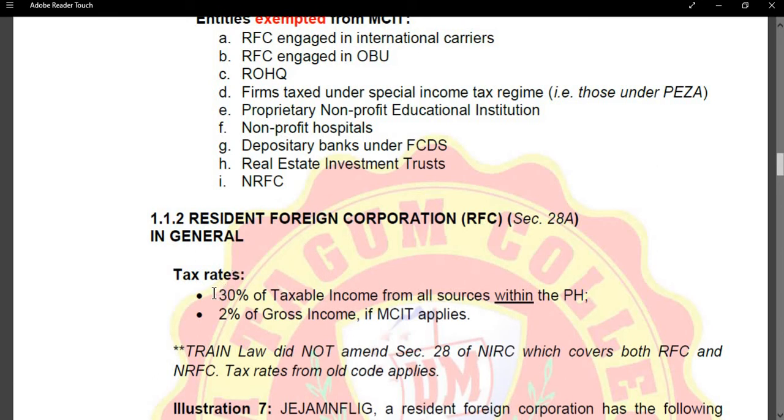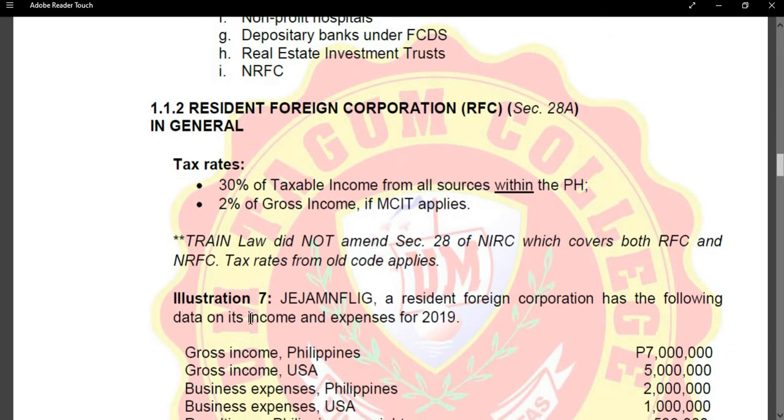Of course, as what we have discussed kanina, mag-apply sa kanya si 30% regular corporate income tax only from income within the Philippines. And of course, mag-apply din sa kanya si 2% minimum corporate income tax.